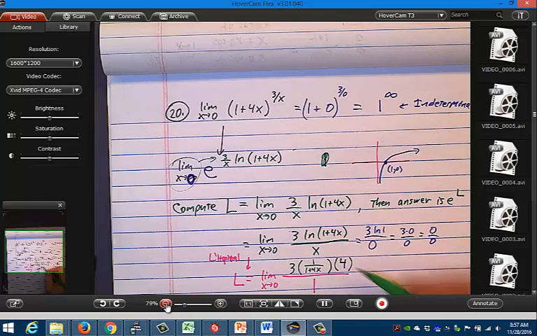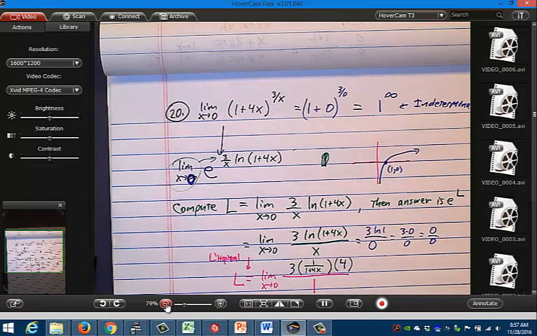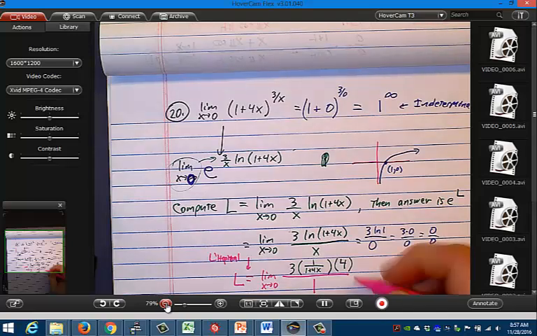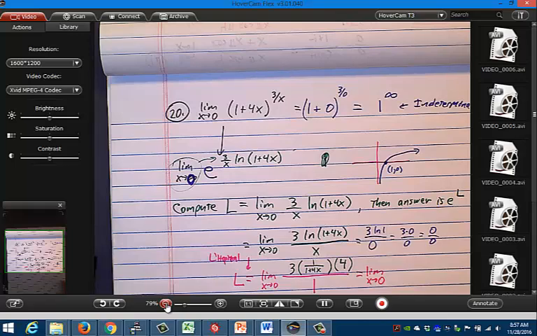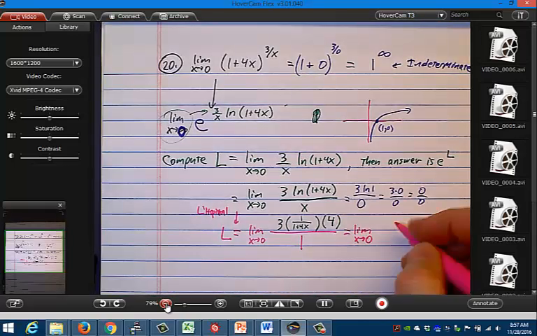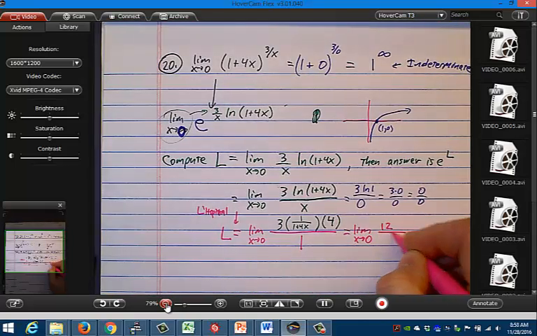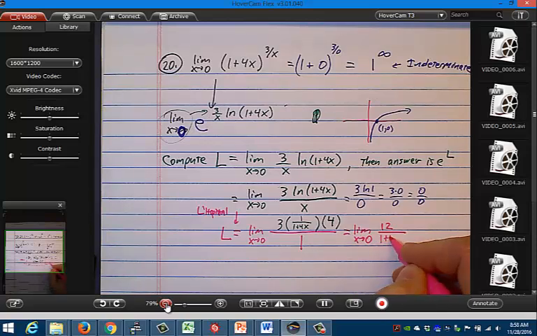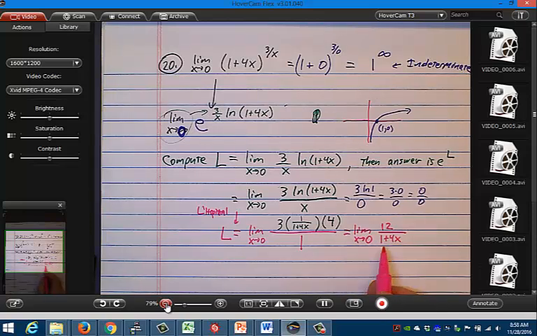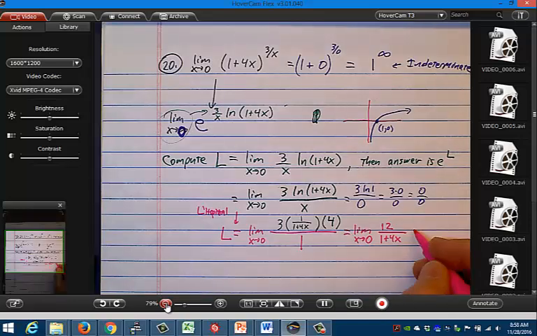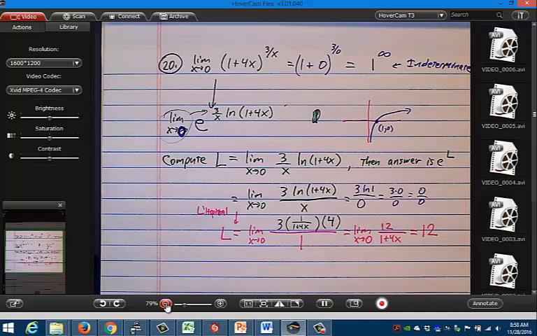So now I'm almost there. This is the limit as x approaches 0 of basically 12 over 1 plus 4x. And so when x goes to 0, this whole thing goes to 12. All right? Wow.